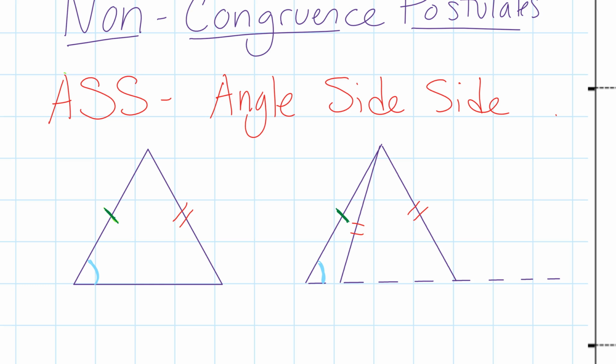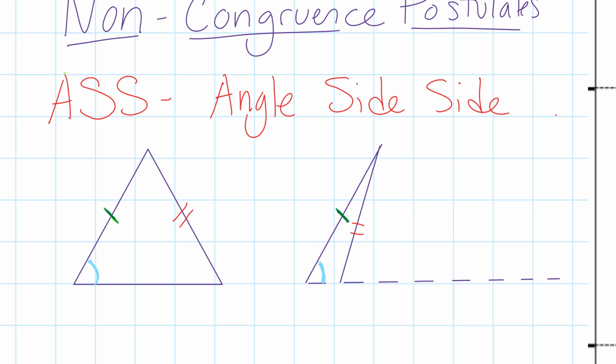So because this is ambiguous, do these uphold congruence? Do we know that these 2 triangles are congruent? No. Do you see it? Do you know what I'm talking about? So if I erase that, do I have the blue arc mark the same as the blue arc mark? Do I have the 1 tick mark the same as the 1 tick mark? They're the same length. Is the 2 tick mark the same length as the 2 tick mark?